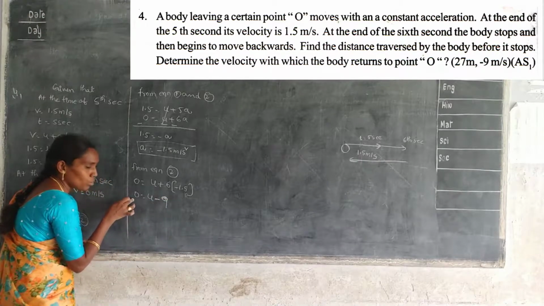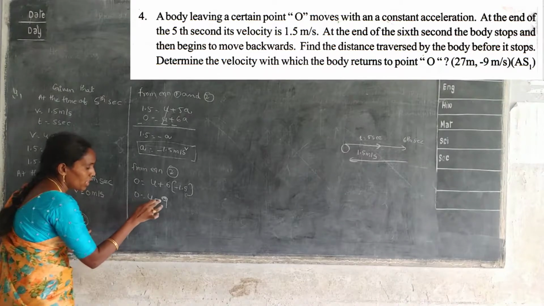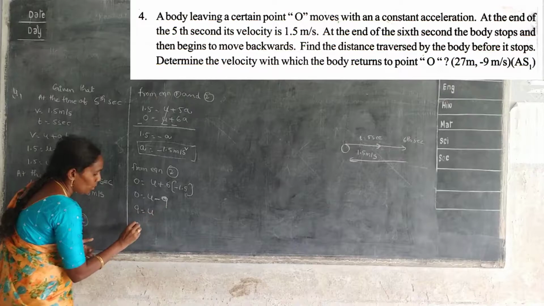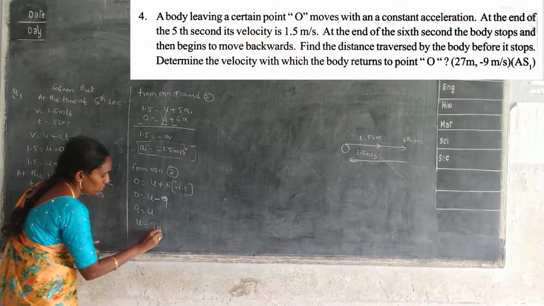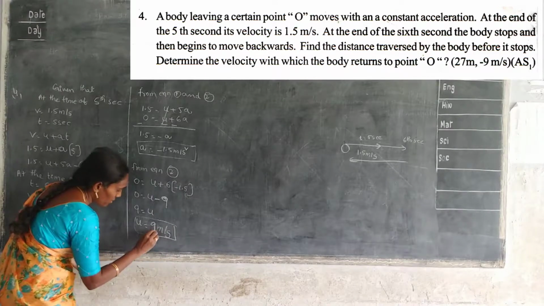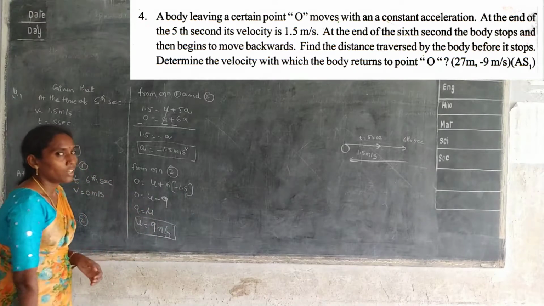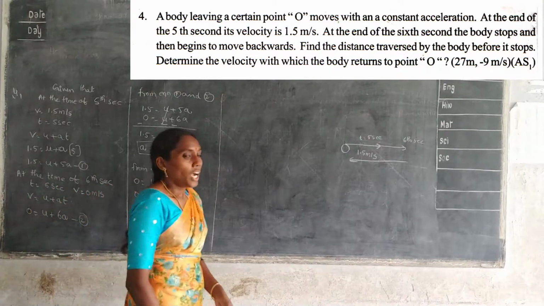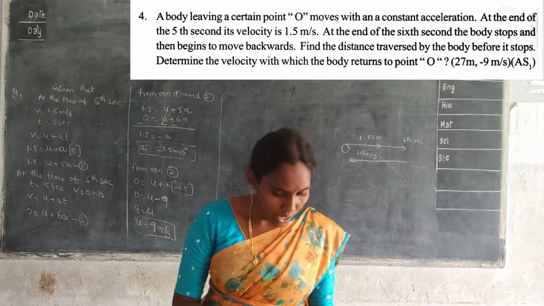Minus 9 comes to the left side of this equation, where minus becomes plus. So 9 is equal to u. u is equal to 9 meter per second. Okay? Here acceleration can be found and velocity is also calculated.